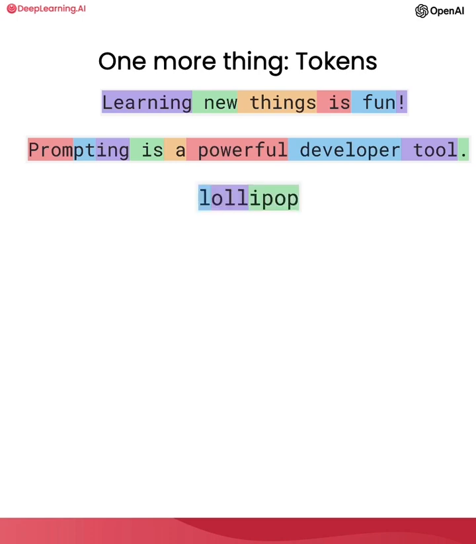And if you were to give it the word lollipop, the tokenizer actually breaks this down into 3 tokens, L, O, and LLIPOP. And because ChatGPT isn't seeing the individual letters, it's instead seeing these 3 tokens, it's more difficult for it to correctly print out these letters in reverse order.